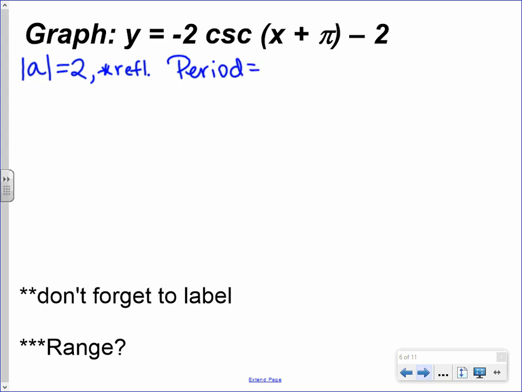The period. Chad, what would the period be? Just 1, or pi. Well, no, it's pi, so 2 pi. Because it's 2 pi over b, b is 1, we have a period of 2 pi. All right, our starting point.